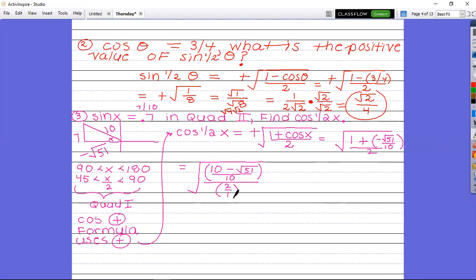Okay, this is my last step. So this is equal to 10 minus the square root of 51 over 10 times, flip it, 1 over 2. And yes, that's in here still.